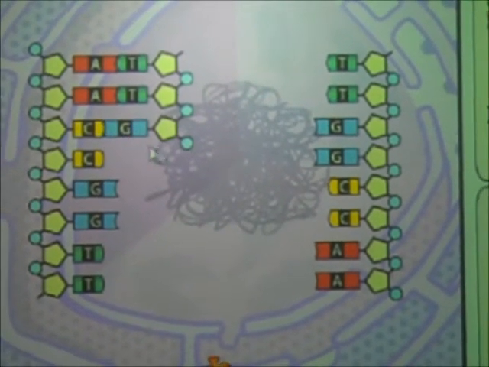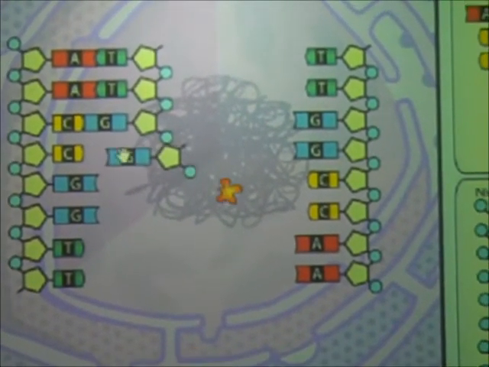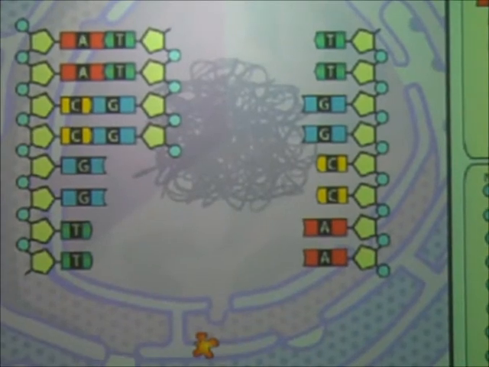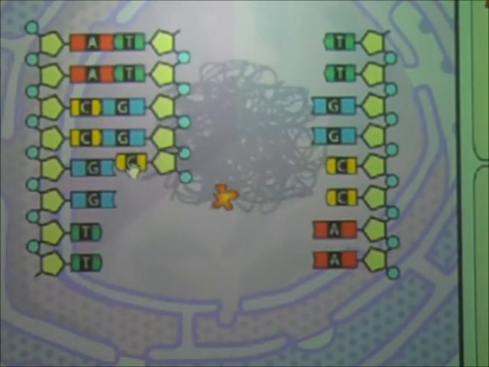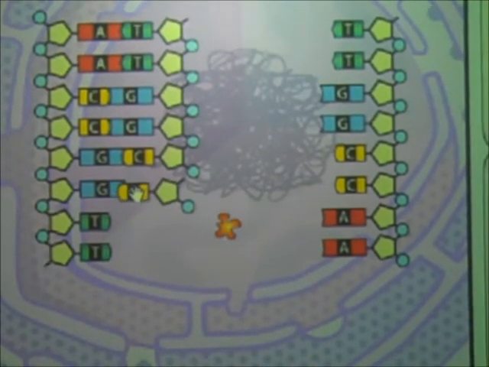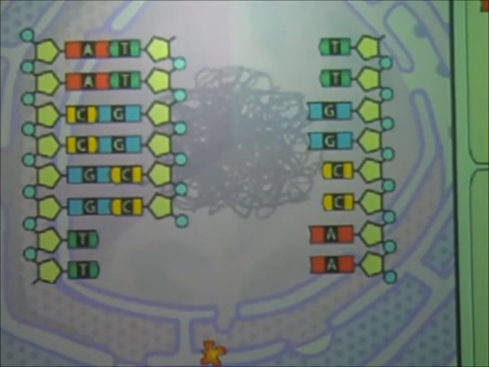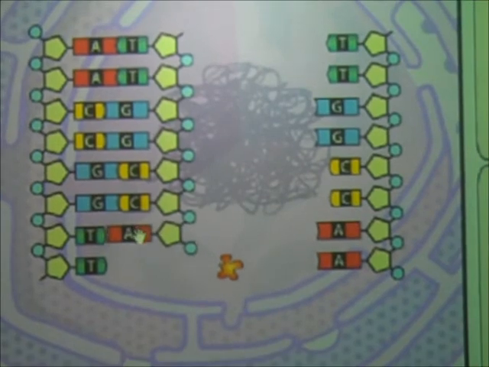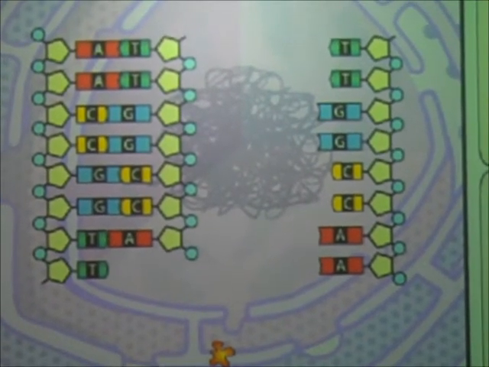So see how I'm dragging over and I'm making a whole new molecule, and it's going to look exactly the same as the molecule I started with when I'm all done, except half of it's going to be old molecules and half of it's going to be new molecules.